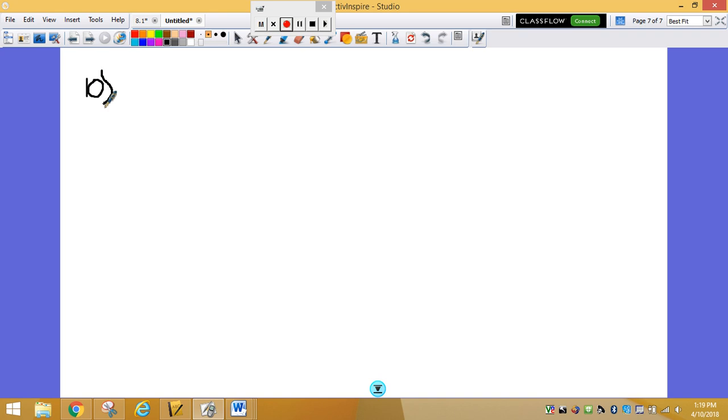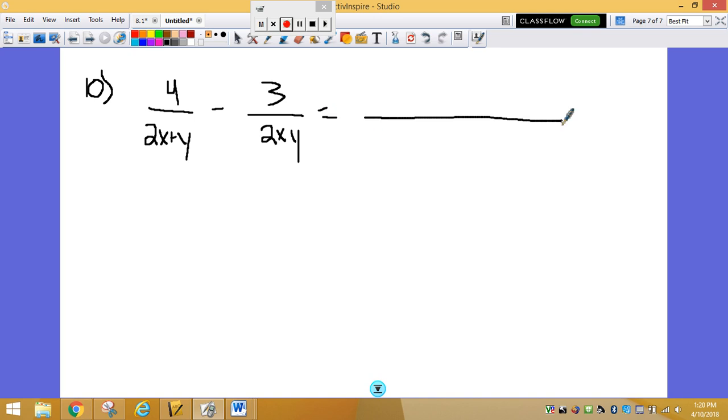Number 10 is 4 over 2x plus y minus 3 over 2xy. Again, my GCF is going to be 2 parts. I got to have a 2x plus y and a 2xy.